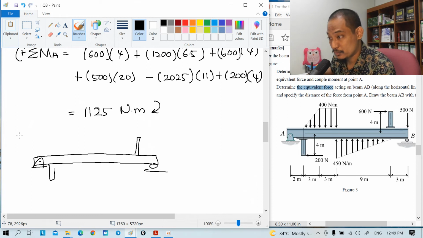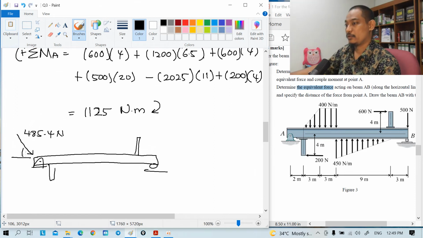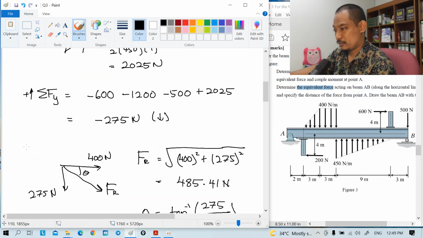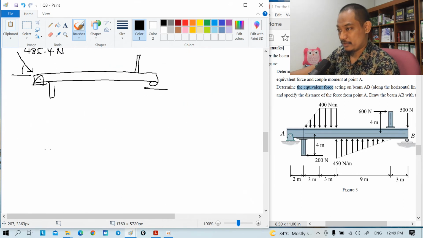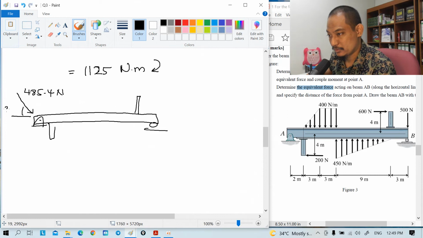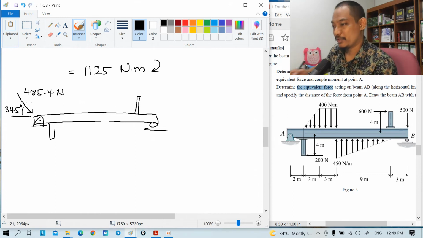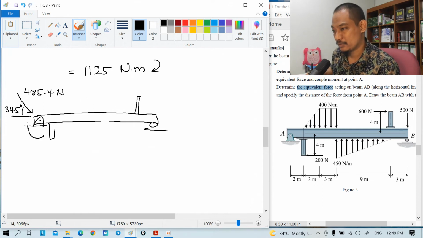So 485.4 Newton with the angle of 34.5 degrees, and then the moment is 1125 Newton meter.